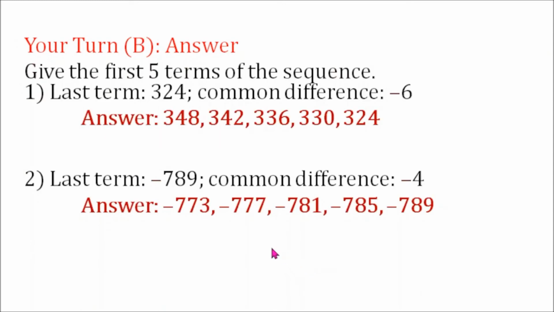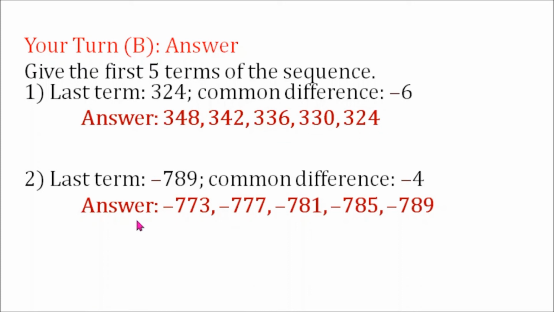For part B, the first 5 terms of the sequence are 348, 342, 336, 330, and 324.